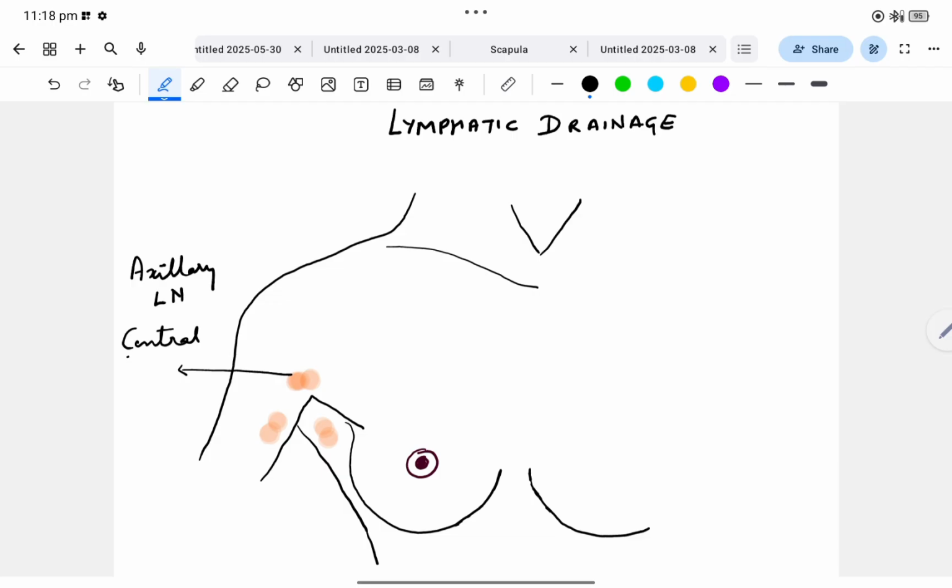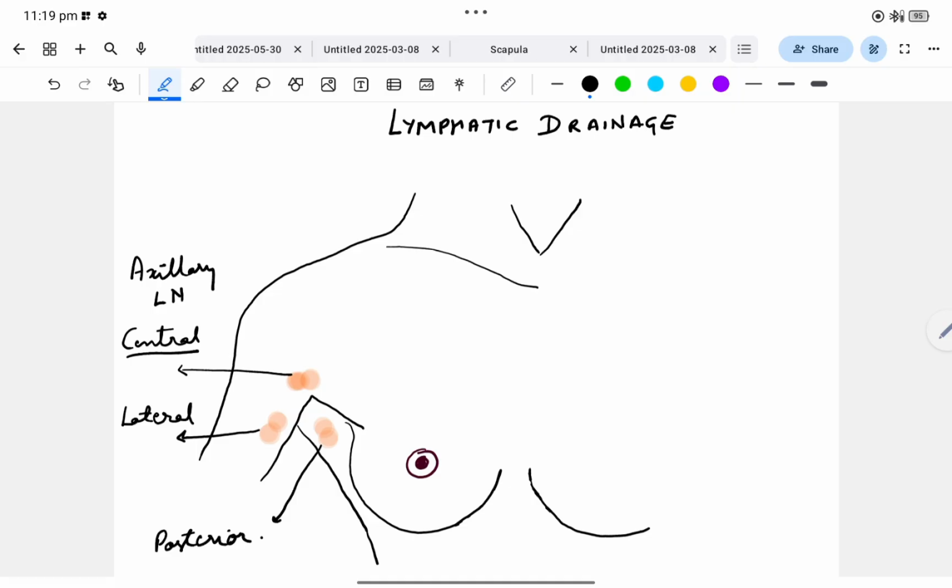So this is the first one, central axillary. This is the second one, lateral axillary. And this is the third one, that is posterior axillary lymph node. So these three lymph nodes form the axillary lymph nodes.